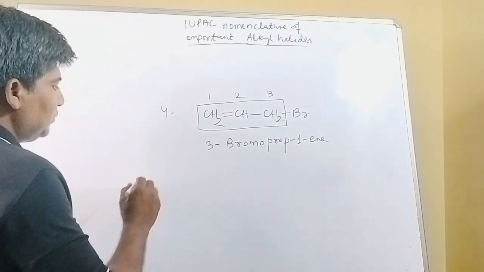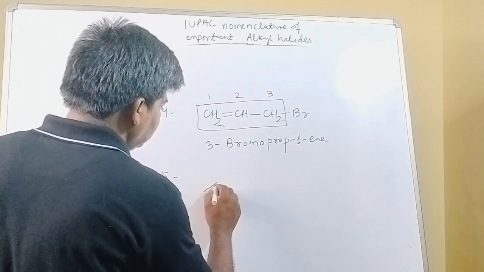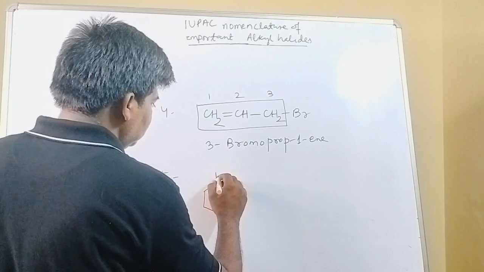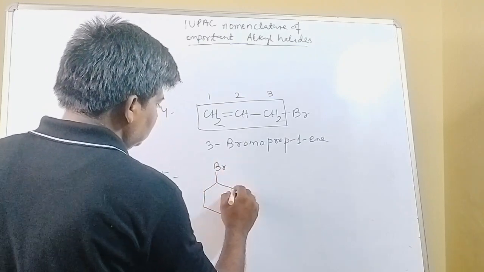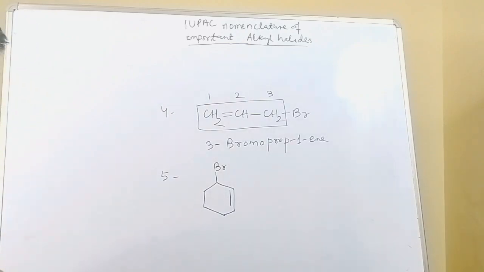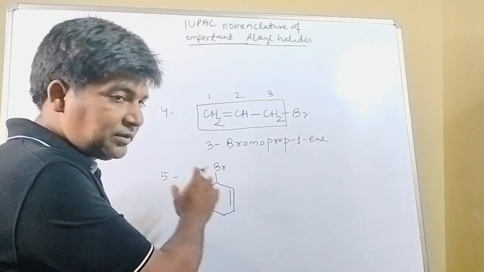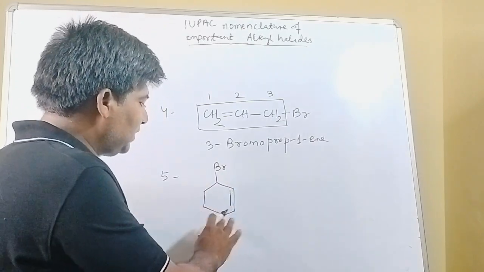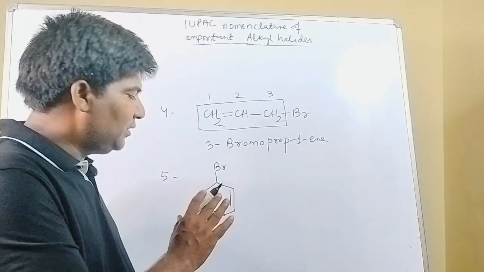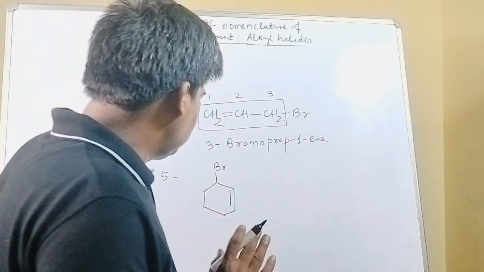Let us try one more example. So this is cyclohexene. This is a ring structure containing 6 carbon atoms along with a double bond. So we should number in such a way that the double bond is given the lowest possible locant.